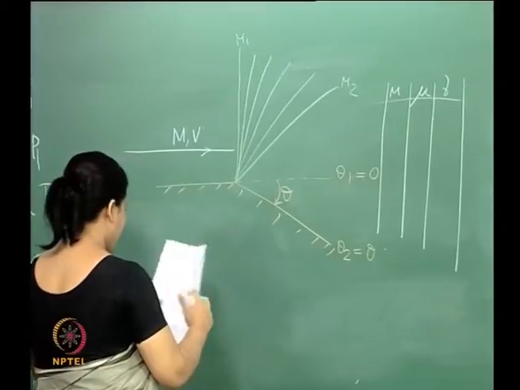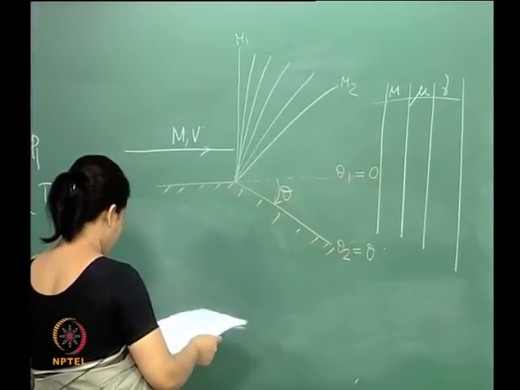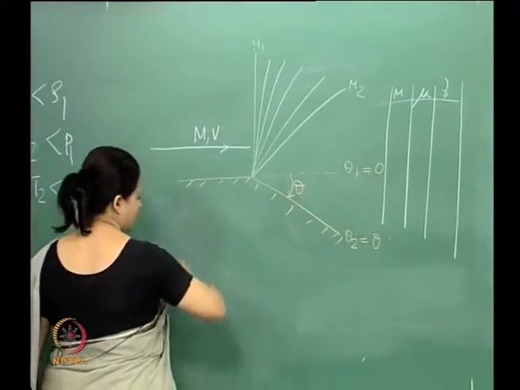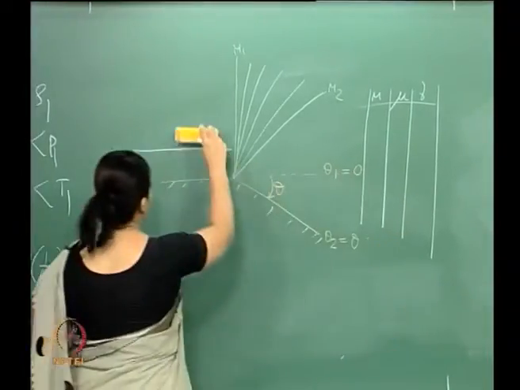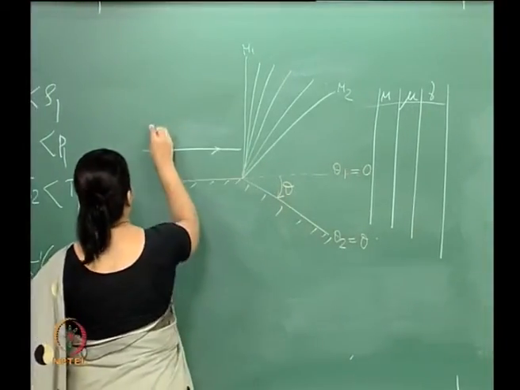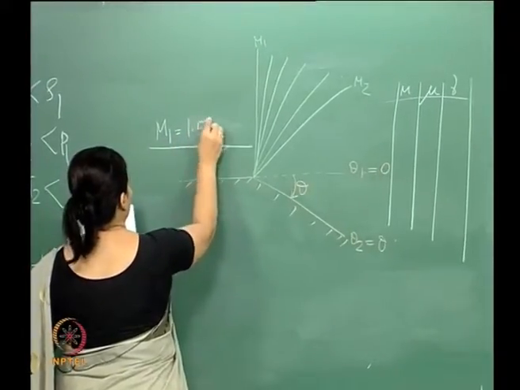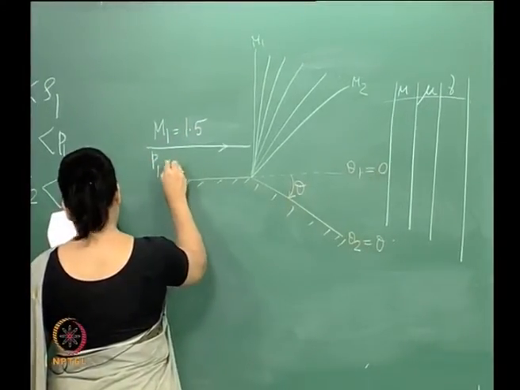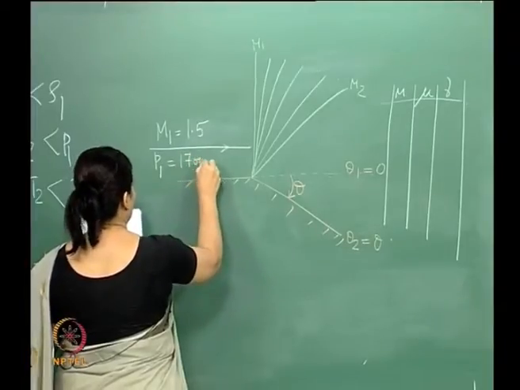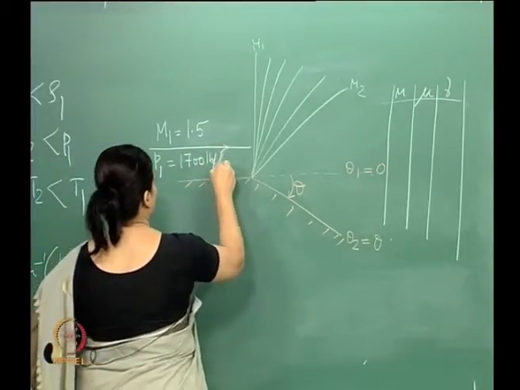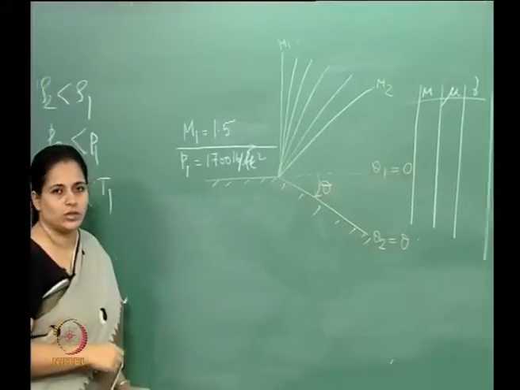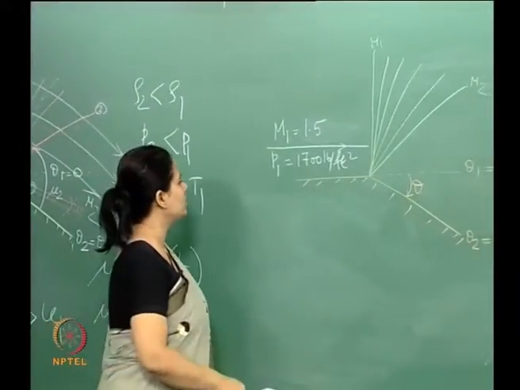Okay, so what is given? What is given is that M1 is 1.5, and P1 is given in other units, so you can convert this to SI units. I usually do that, didn't get a chance to do this today.